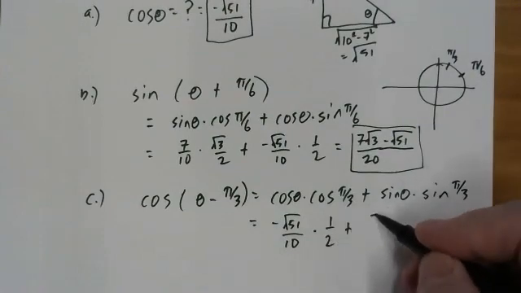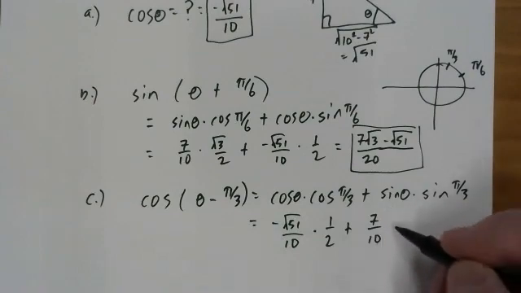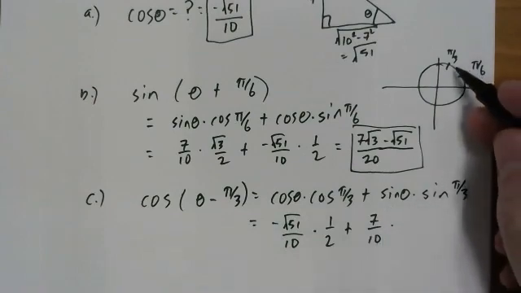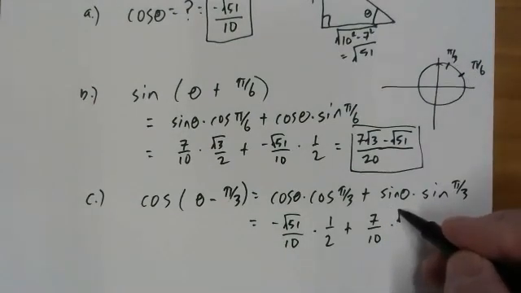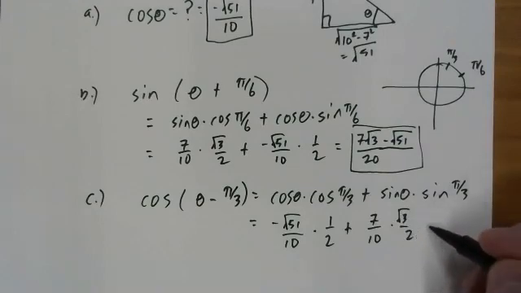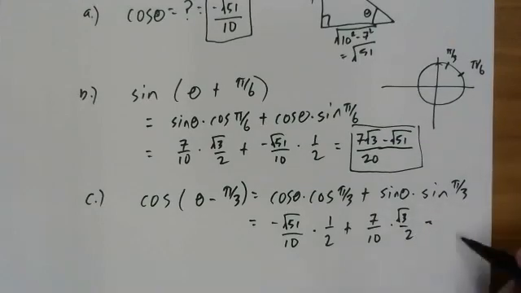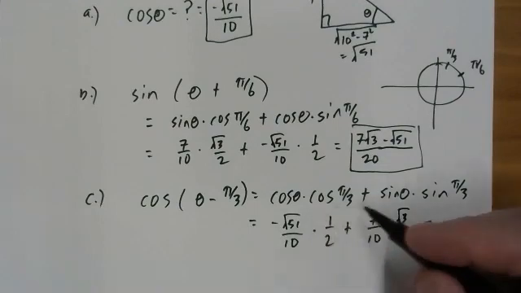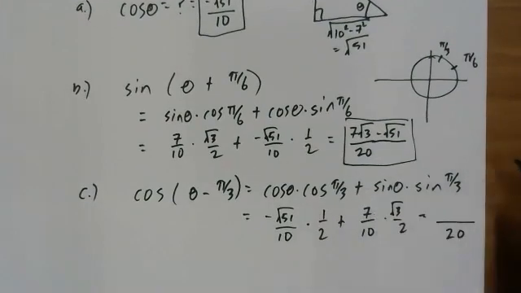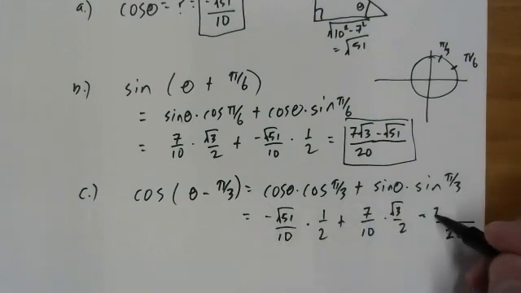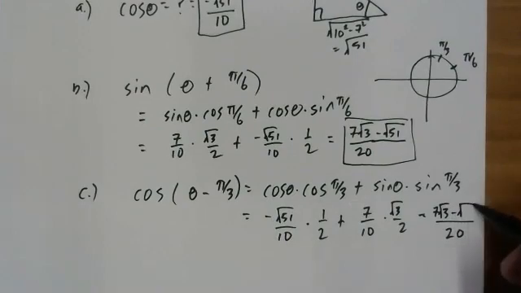Plus the sine of theta is 7/10 times the sine of pi over 3, square root of 3 over 2. So once again, going to have a denominator of 20. Since I have a minus here, I'm going to change the order. 7 square root of 3 minus the square root of 51.